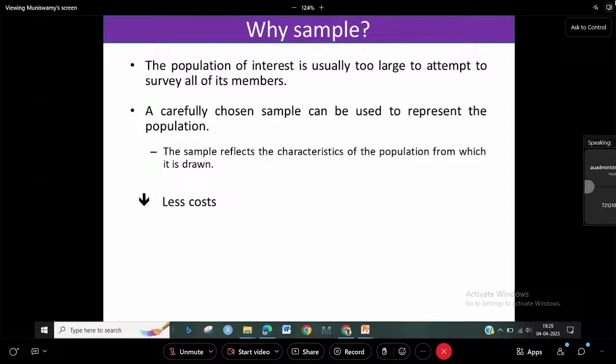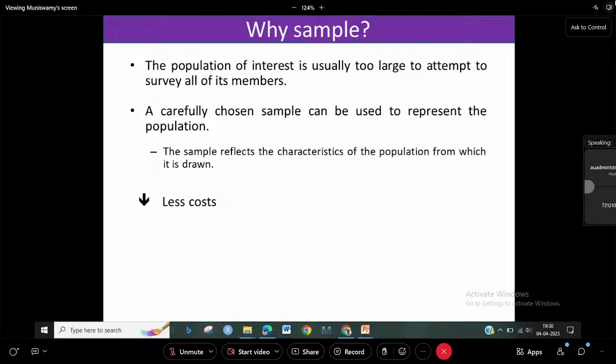Whereas in the census survey, you have to gather information on each and every unit. That's why in our country, the census survey is conducted once every 10 years. The cost is very high. We have to appoint lakhs of investigators.